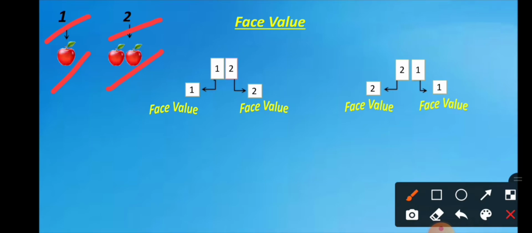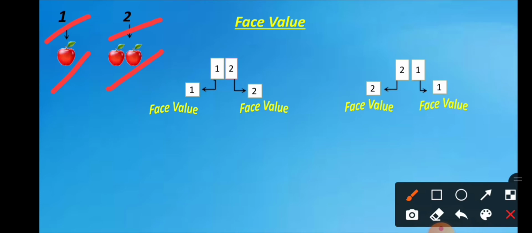You know that the digit 2 is greater than the digit 1. The digit 2 is big and digit 1 is small. Okay. Digits 1 and 2 can be used to make numbers 12 and 21.